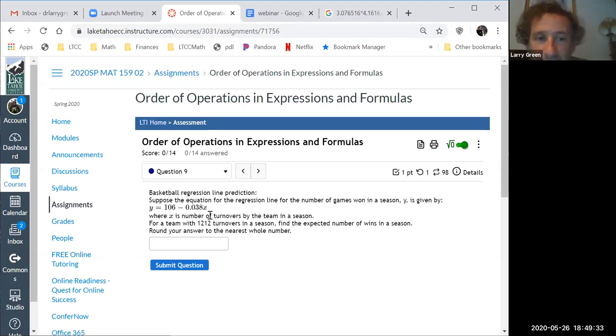Yeah, we plug in x, but x is 1,212. And not solve, plug in and do arithmetic. So we need to plug in the 1212 right in for x. Any questions on that?